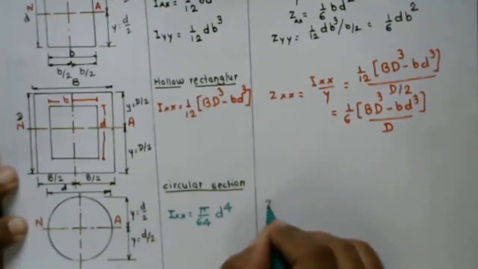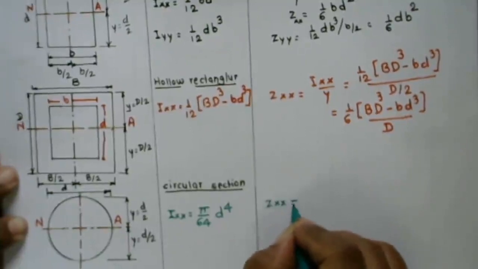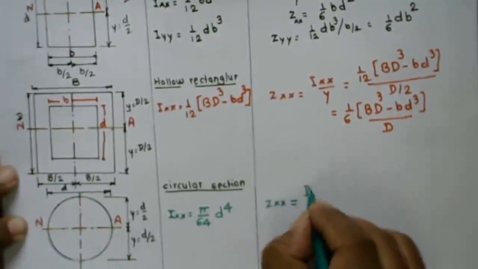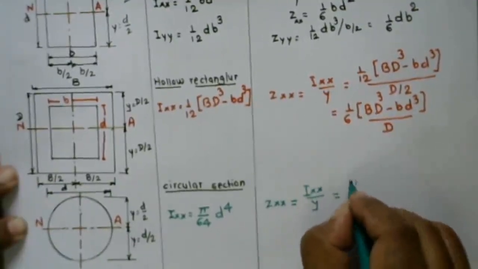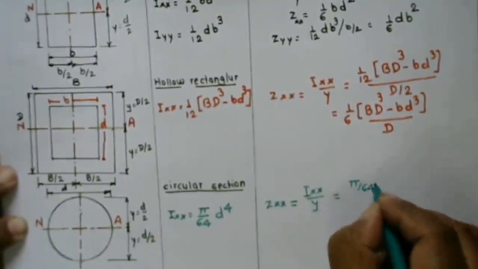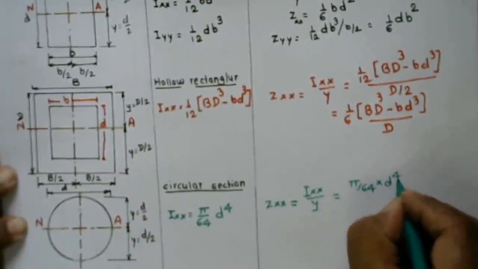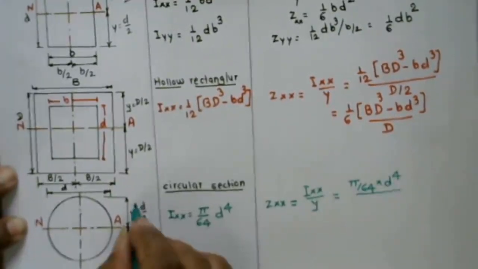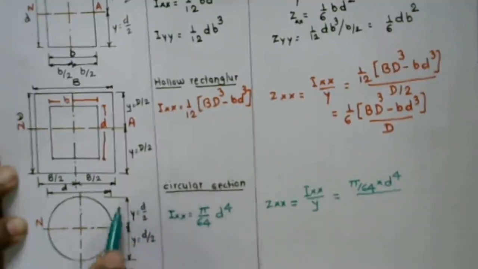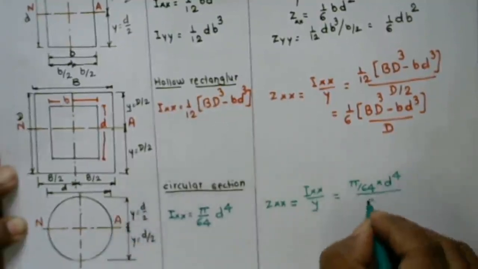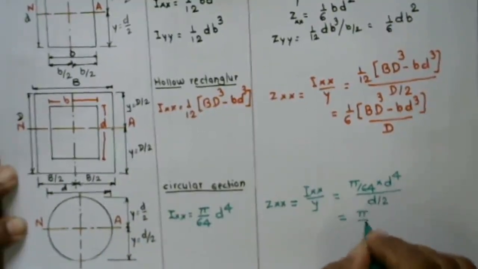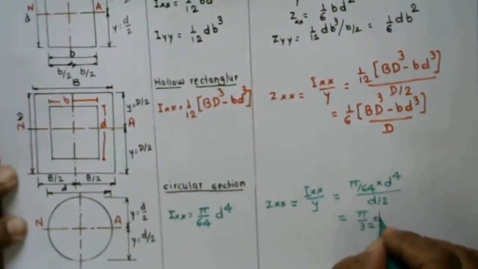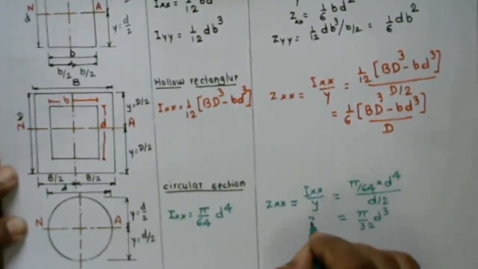So here the section modulus for the circular section, Zxx, is equal to Ixx upon Y. Ixx is pi by 64 into d raised to 4, divided by Y, which here is the distance from the neutral axis to the outer fiber, that is d by 2. So the equation becomes pi by 32 into d cube for the circular cross section.